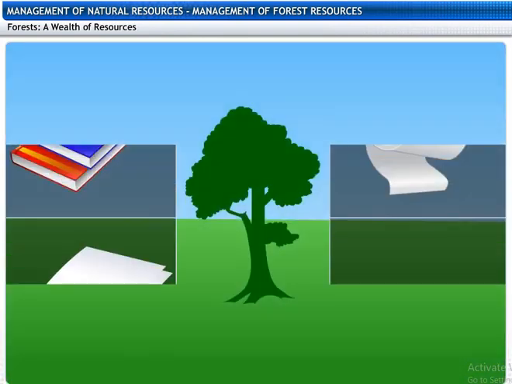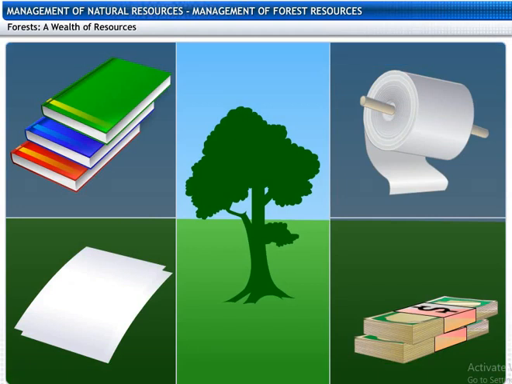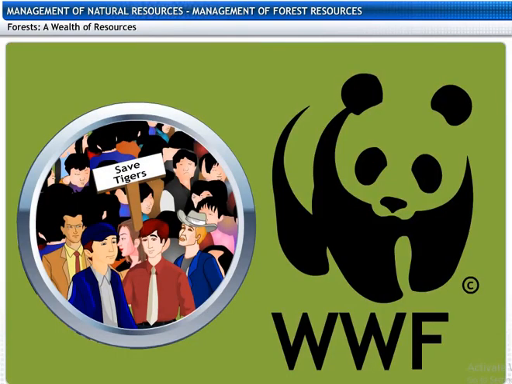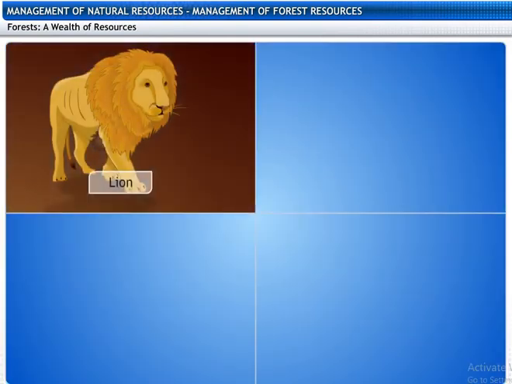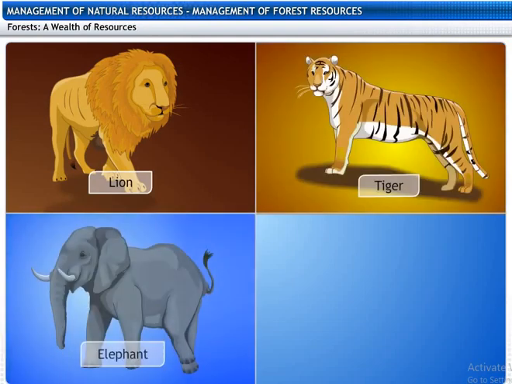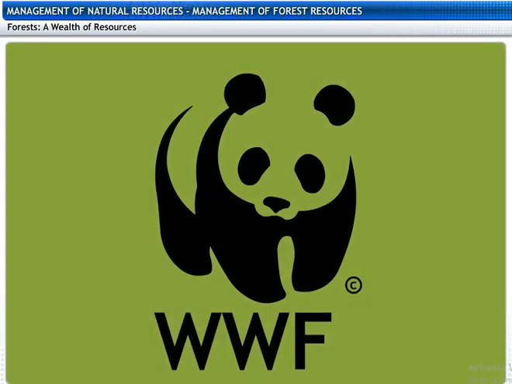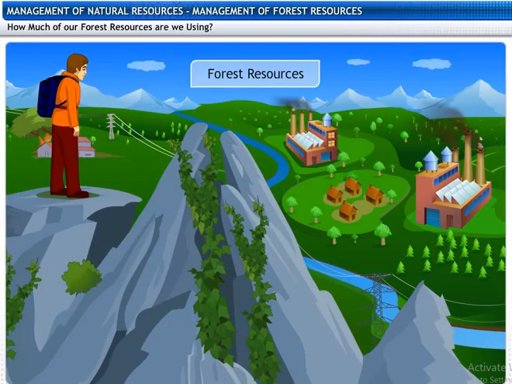However, they now also recognize the need to preserve biodiversity as a whole. Our forest resources are limited. Indiscriminate use can deplete them to dangerously low levels.